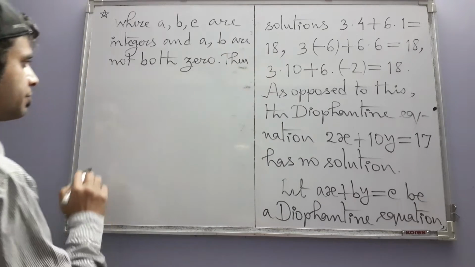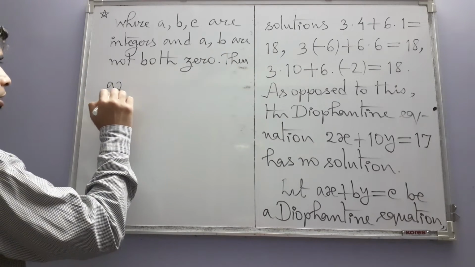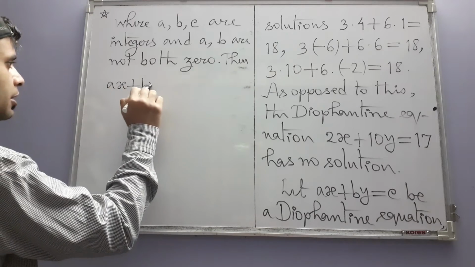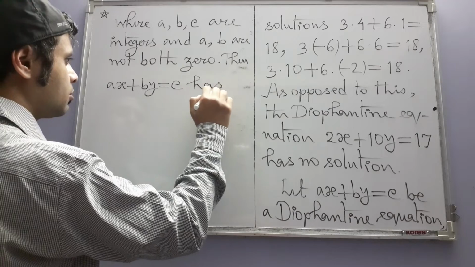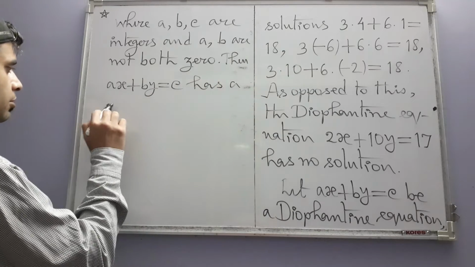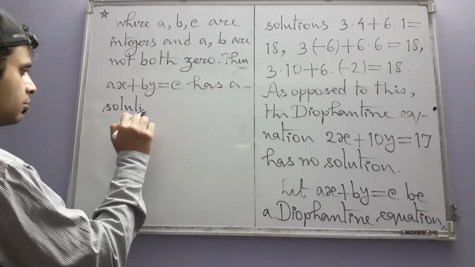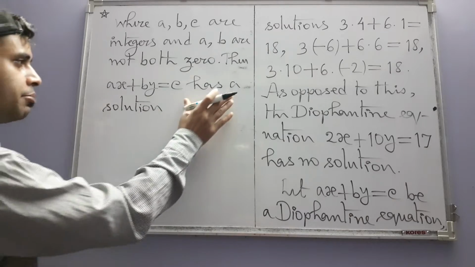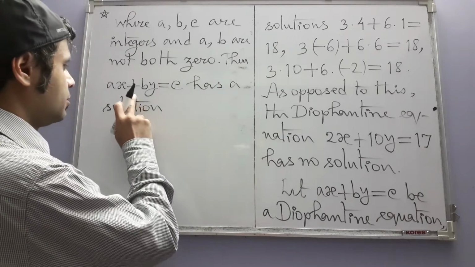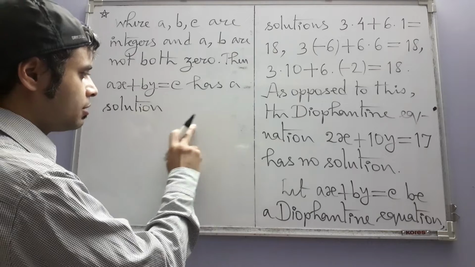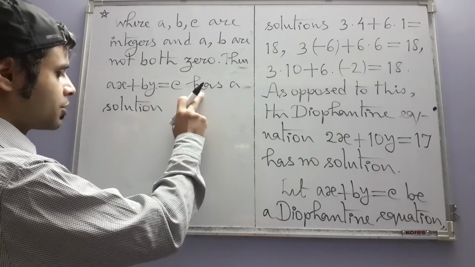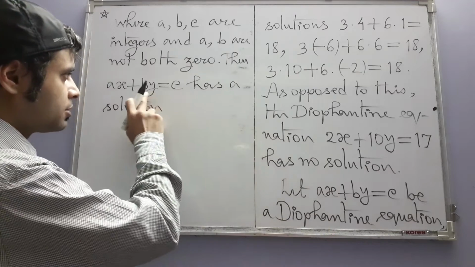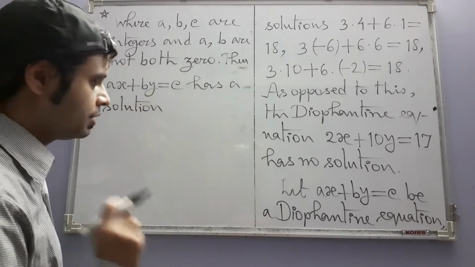Then ax plus by equal to c has a solution. As a solution means two things. A solution means a pair x comma y, that is one thing, and because we are talking about Diophantine equations, that pair should be a pair of integers.